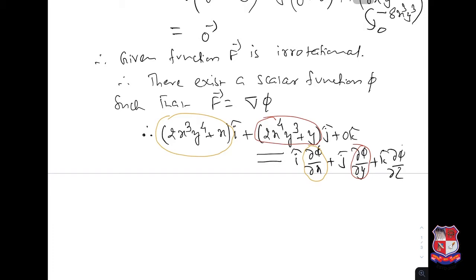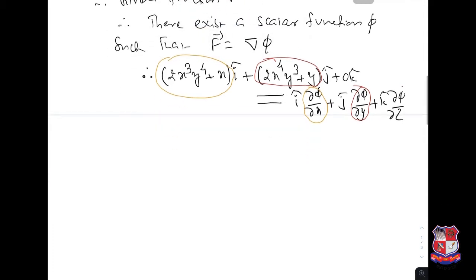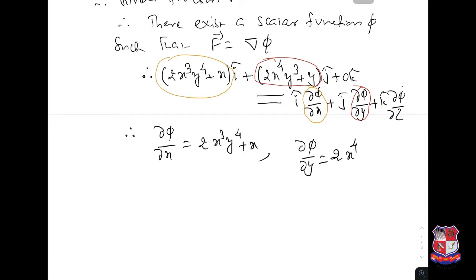For the third one, this is 0, so we don't consider that. Therefore, del phi by del x equals 2x cube y power 4 plus x, and del phi by del y equals 2x power 4 y cube plus y.